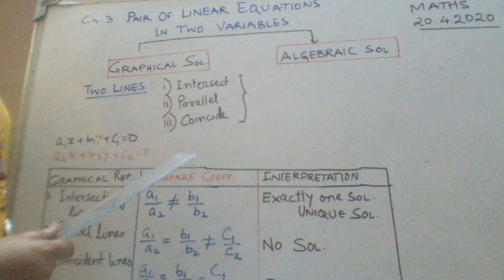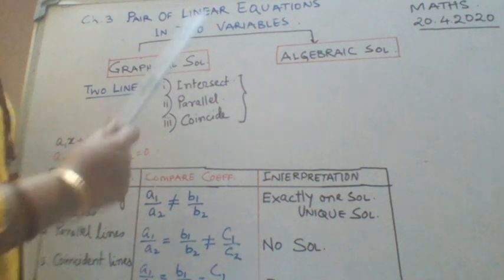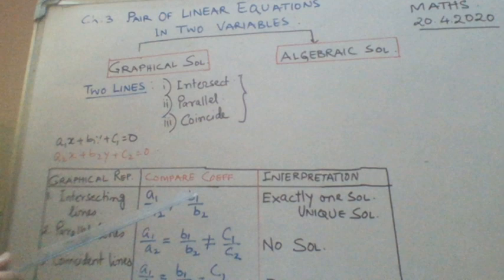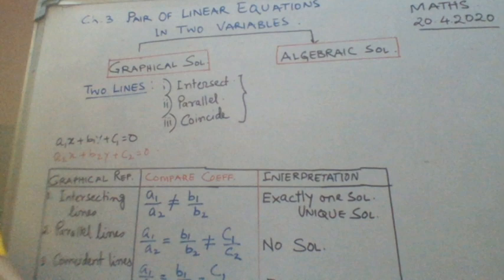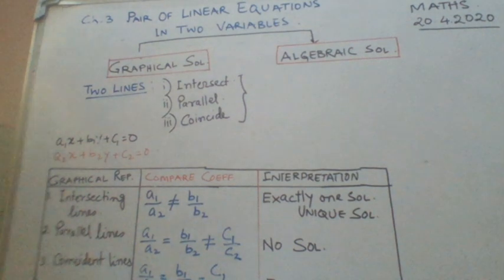Now because there is a pair of linear equations, that means you are having how many linear equations? Two. Two linear equations mean two lines. You are having two lines in a plane.